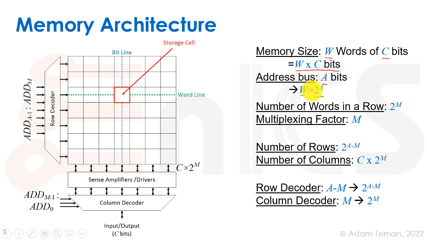So in our question from before, we had a 1 megabyte memory. Sometimes we write MiB. A 1 megabyte memory means we have 2 to the power of 20, that's 1 mega, and multiply that by 2 to the 3, that's 1 byte.